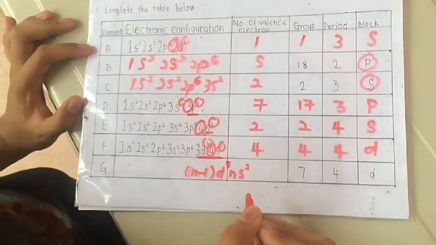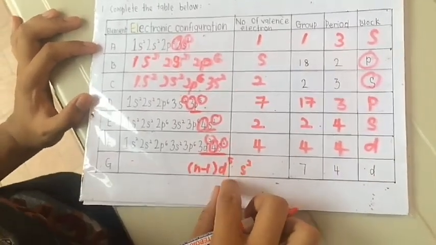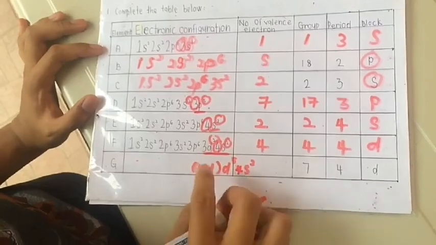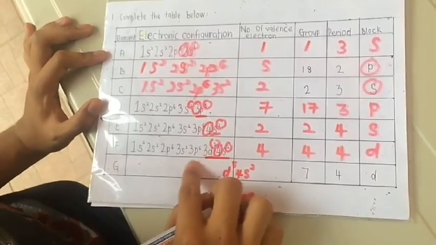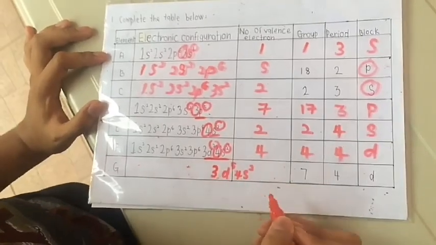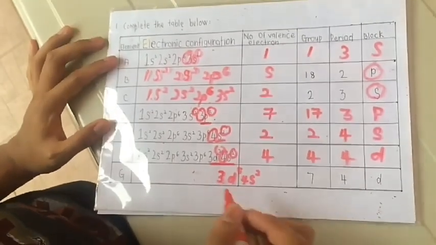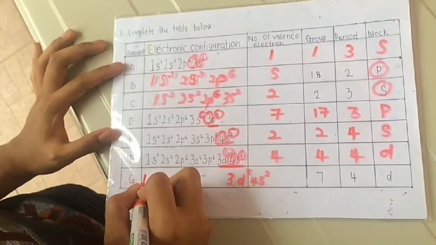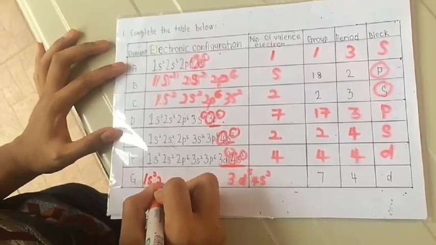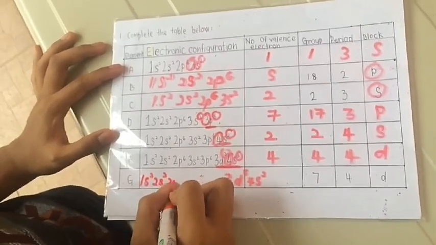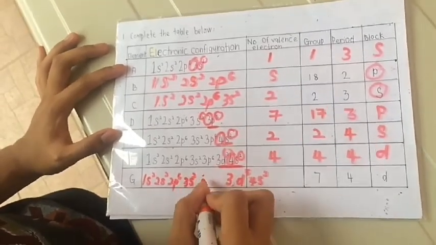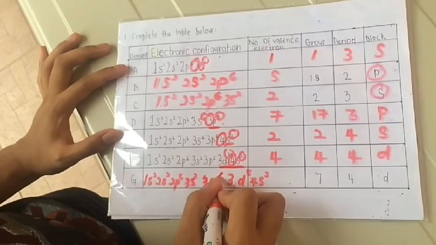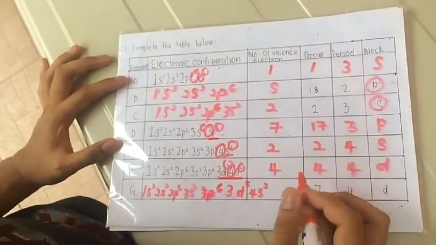So we substitute n into 4, and n-1 is 3. So we write 3. So we can complete the electronic configuration with 1s2, 2s2, 2p6, 3s2, 3p6. So the number of valence electron is 7.